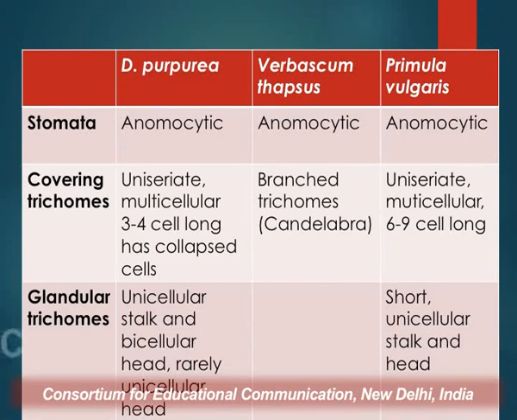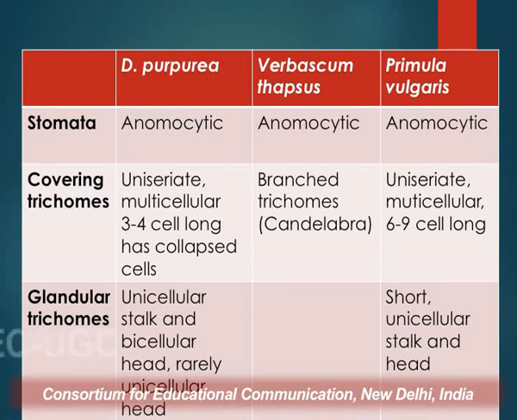So if the sample of Digitalis purpurea is having covering trichomes longer than 6 cells, we can say it may be adulterated with Primula vulgaris, or if it is having branched trichomes, we can say that it may be adulterated with Verbascum thapsus. Next is the glandular trichomes.